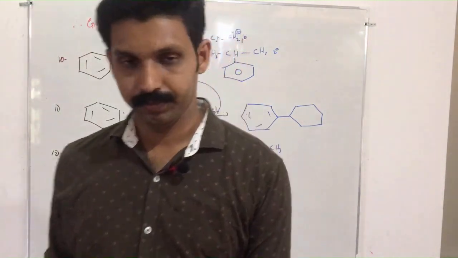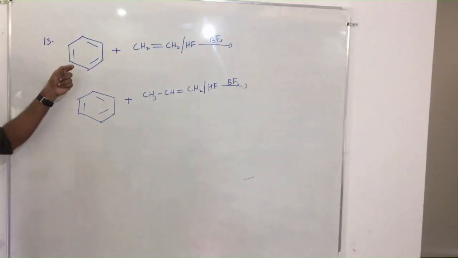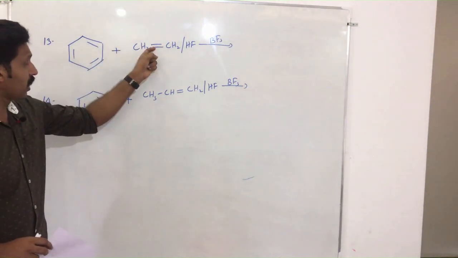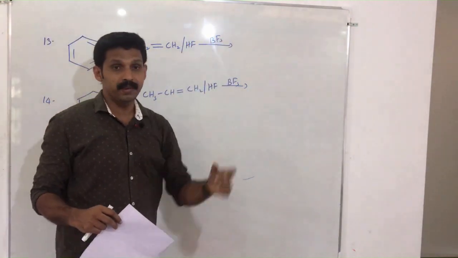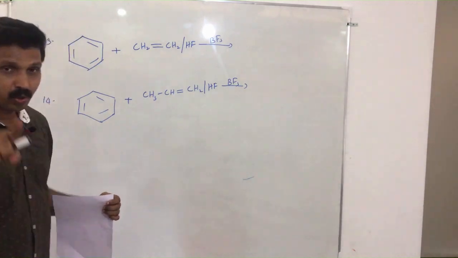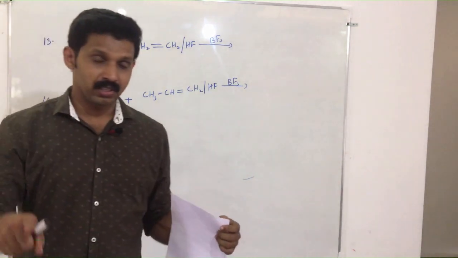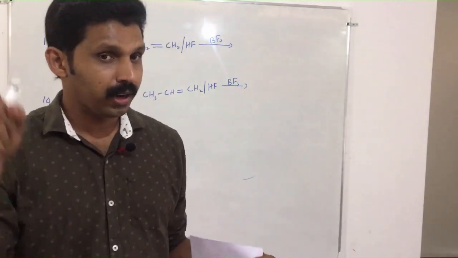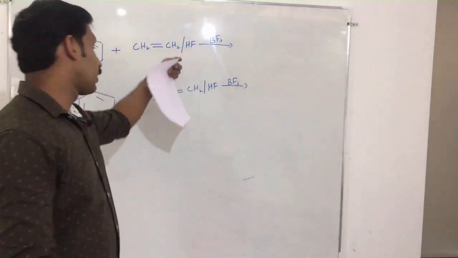Okay. Now the 13th question: benzene reacts with ethene in the presence of HF and BF3. What is the product? I have told you that Friedel-Crafts alkylation can be done by alkyl halides, alcohols and alkenes. Here alkene is given.